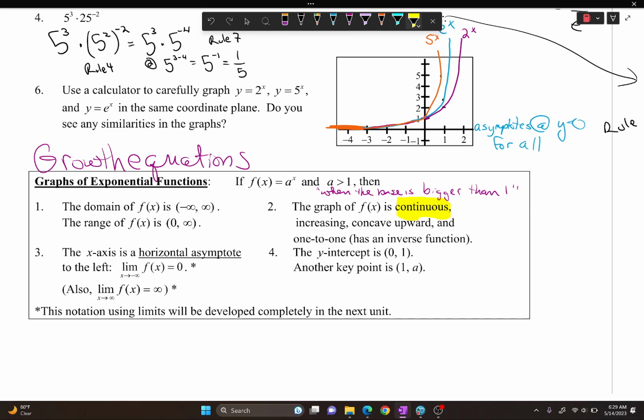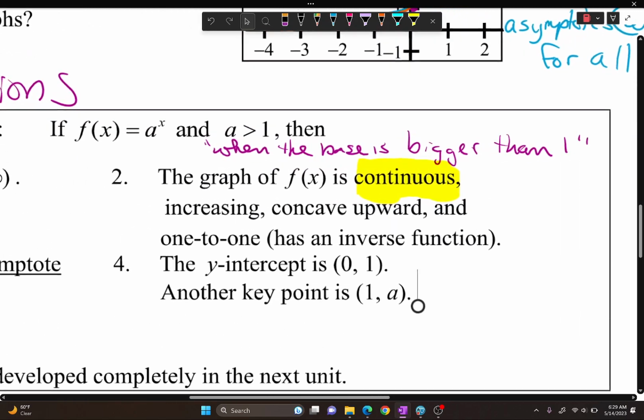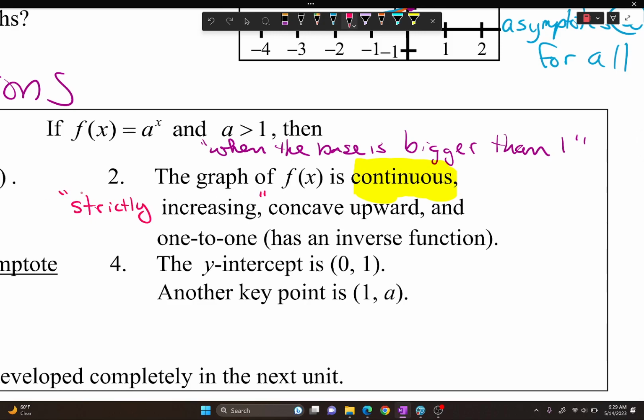Also, I want to add the word strictly, and I'm going to make it in red because it's that important. Strictly increasing. Strictly increasing means never has a moment where outputs go down.